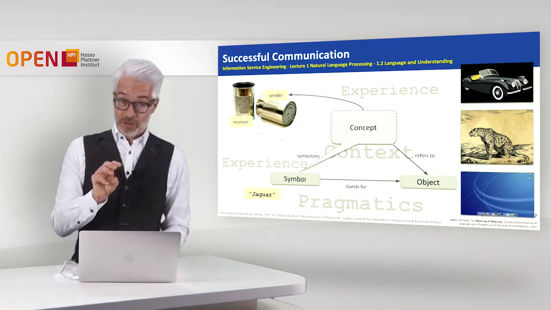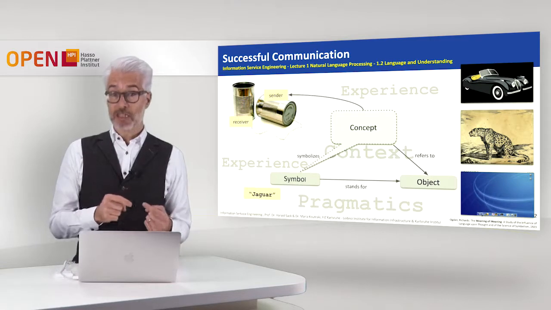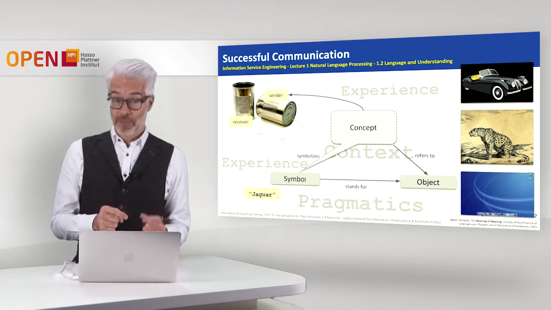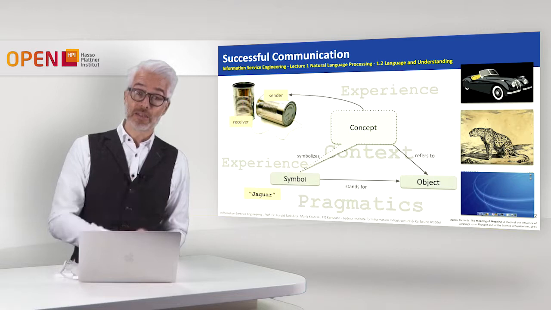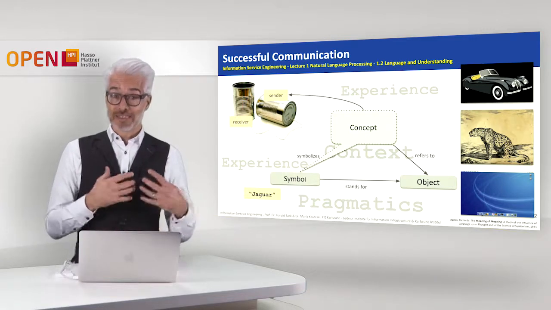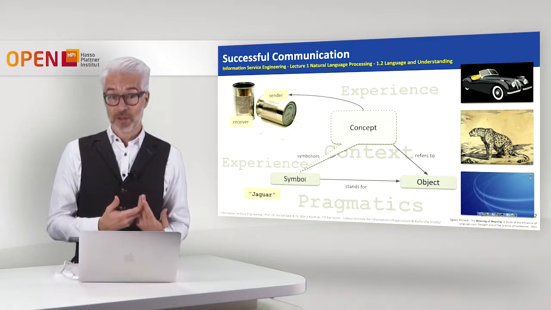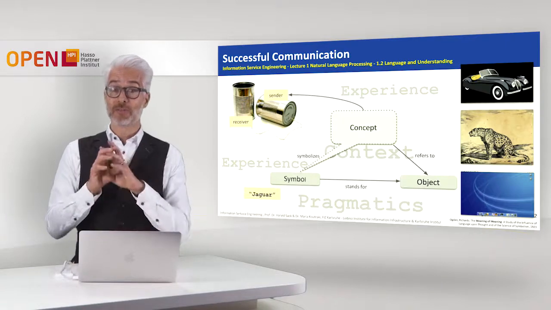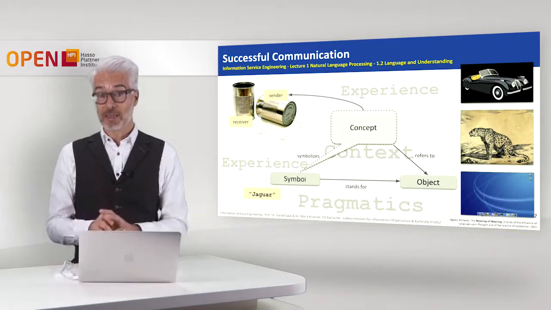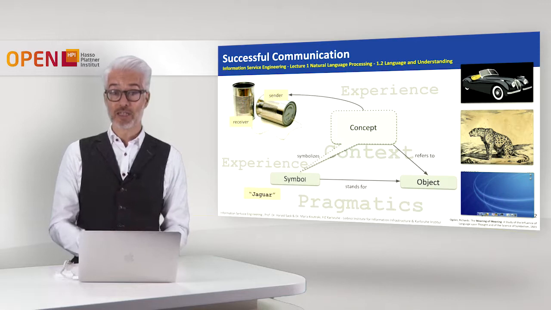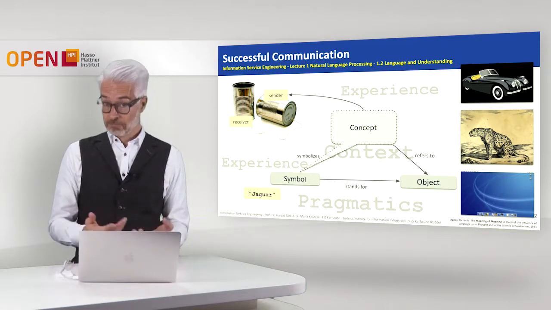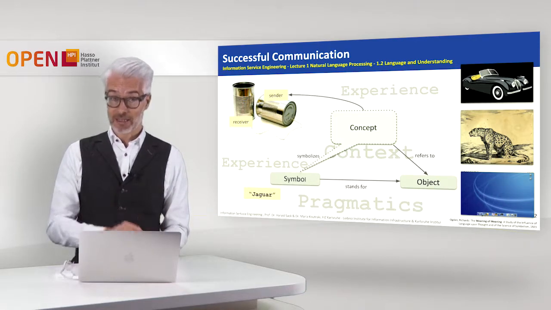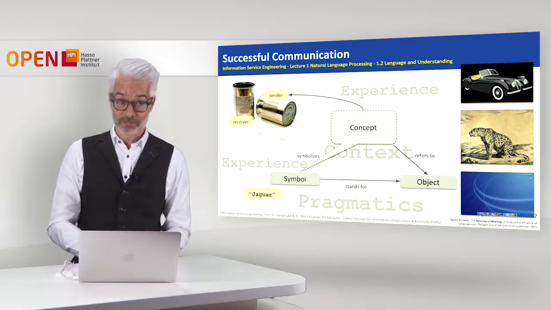The important point is that successful communication can only take place when both sender and receiver use the same concept for the symbol. Only then, of course, is the semantics interpreted correctly. Only then can the information be understood, which is the essence of that part of the lecture.